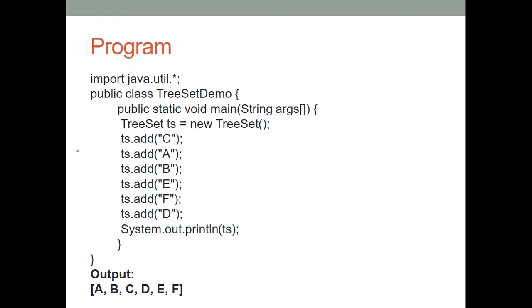Okay, I'm going to discuss one program related to this TreeSet class. This is the package, and TreeSetDemo is the class name, with public static void main. I am creating one TreeSet object and putting C, A, B, E, which are String type. How does it store them? It stores on the basis of ASCII value. First of all you have to look at the ASCII value.